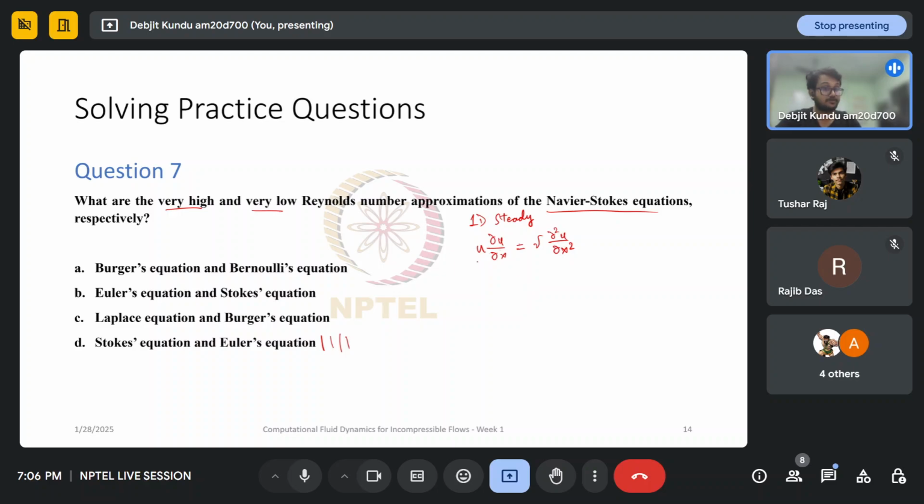And if I non-dimensionalize this now, this is another important concept. So let's say there are some scales associated with it.